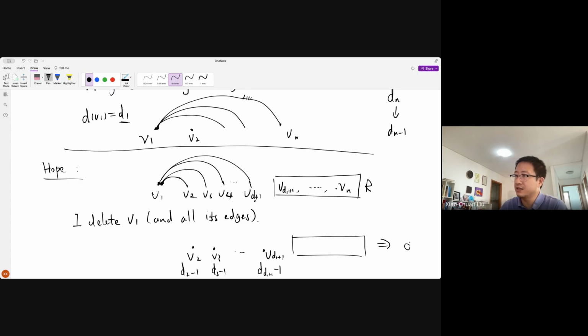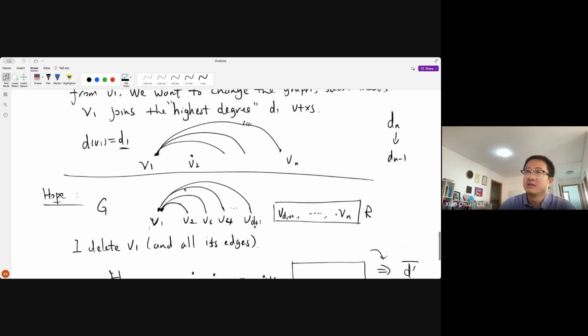And this is exactly D prime bar. We are done, because we constructed a graph H obtained from G by deleting V1, and it realizes D prime bar. So D prime bar will be graphic, but only when I know that V1 joins the highest degree vertices.